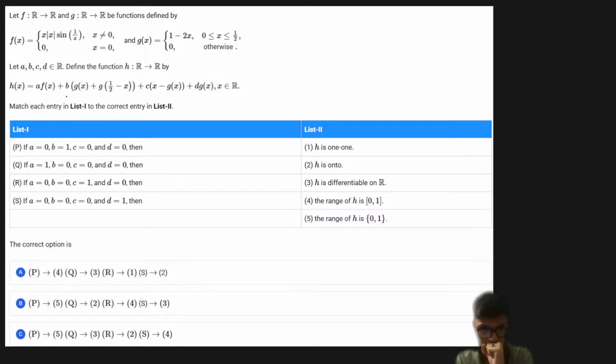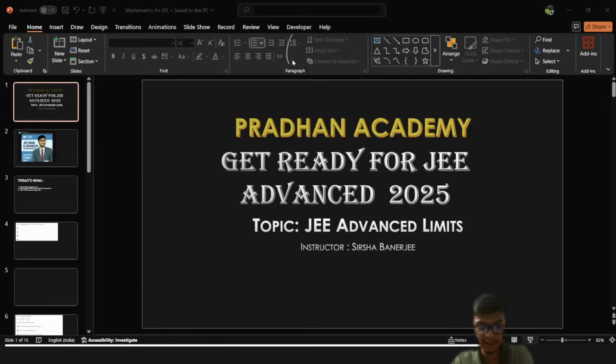So, how shall we solve this question? Let us try to analyze the list one by one. The very first thing to analyze is the function g of x.